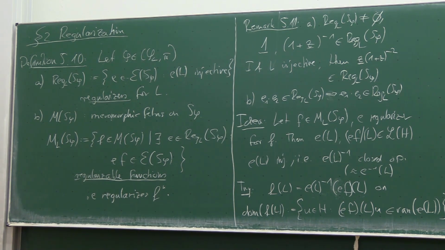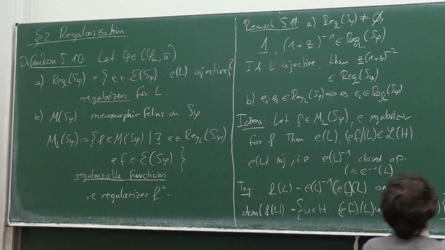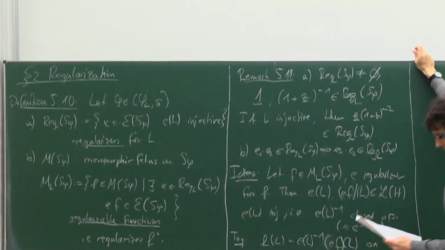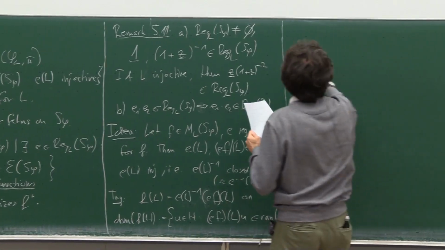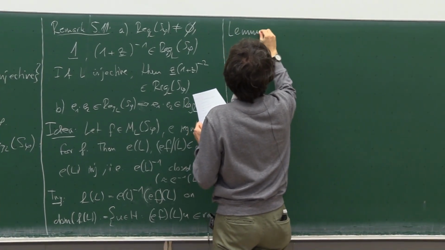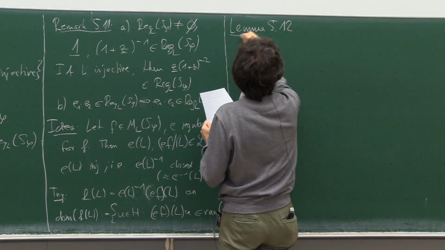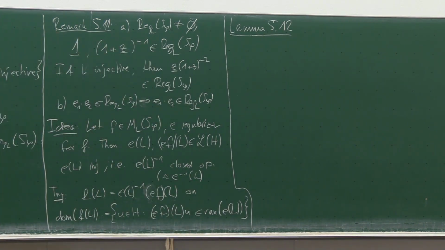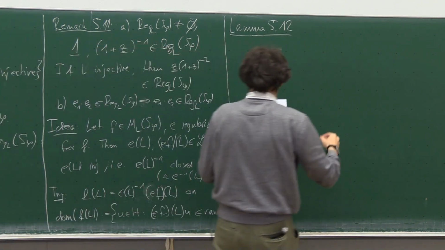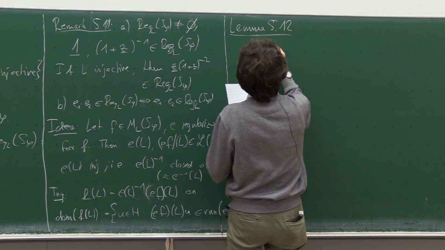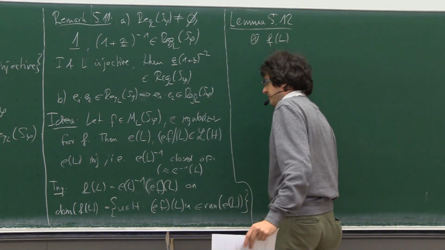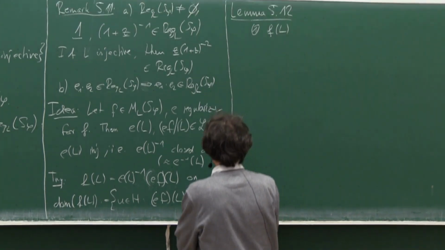Okay, that's our try, to take this domain and this operator, and now let's see if this works. This is the first lemma that tells us this idea is viable. The first thing to check is this idea to define the operator like this.